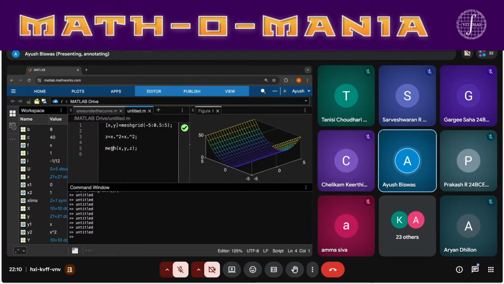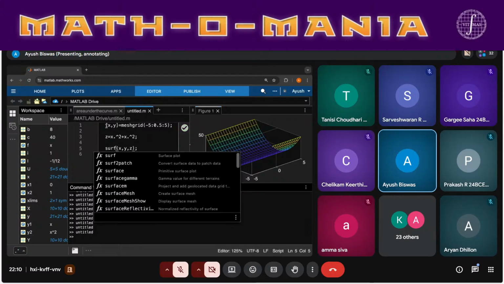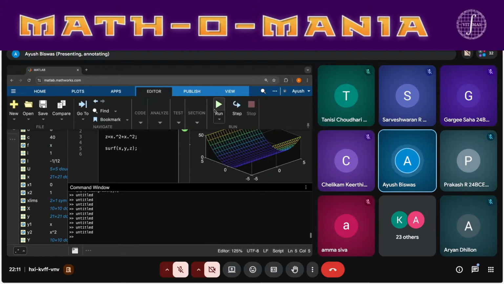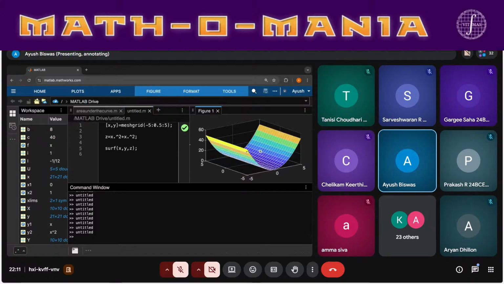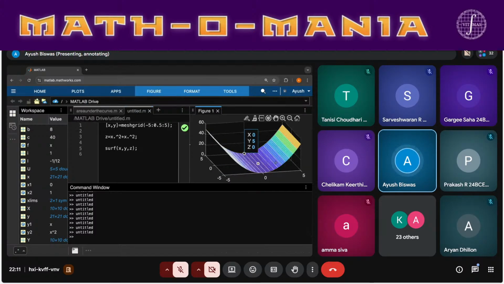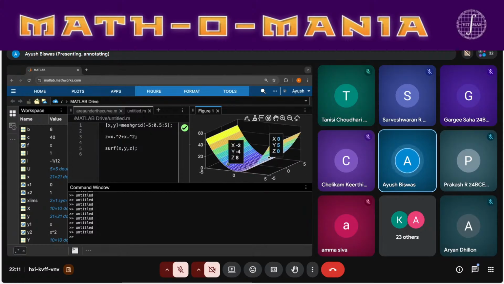This is a bit different from the surface plot, because when we run the surface plot, we can see the mesh is filled out by colors, and this gives us a solid figure.